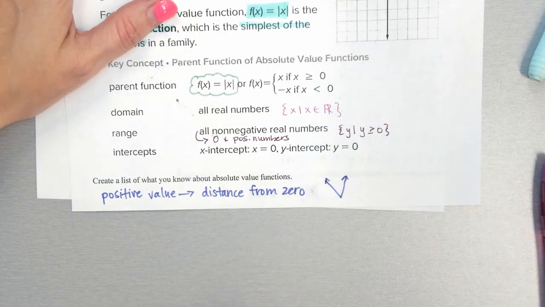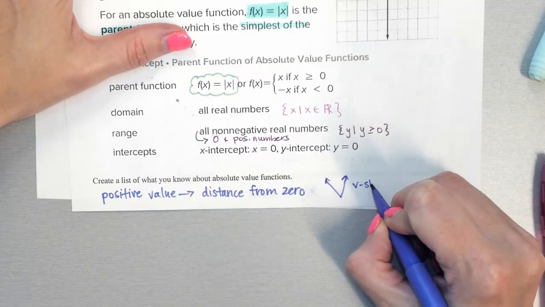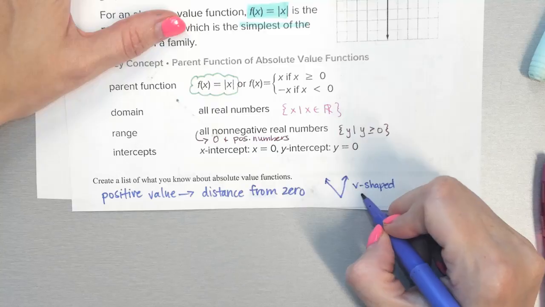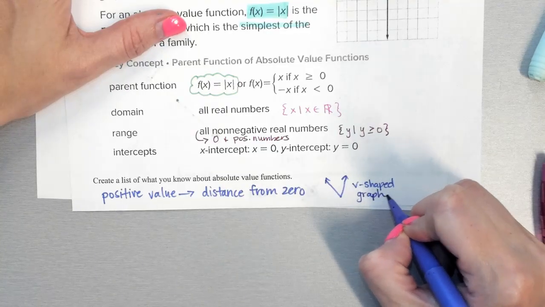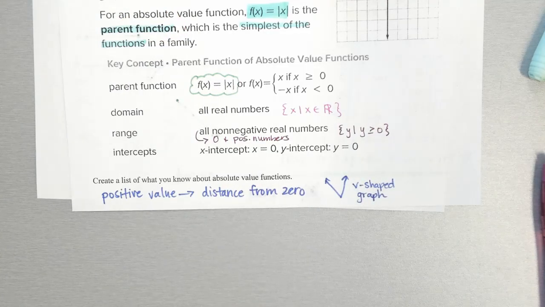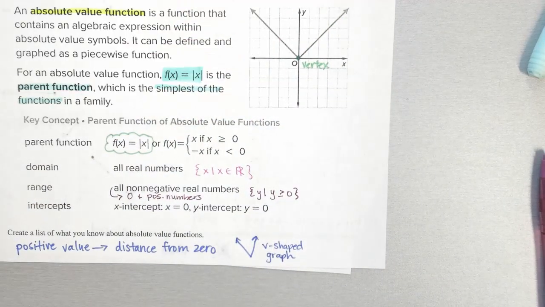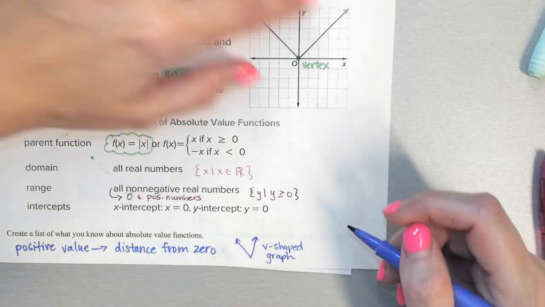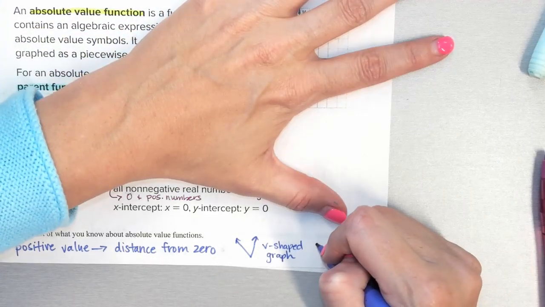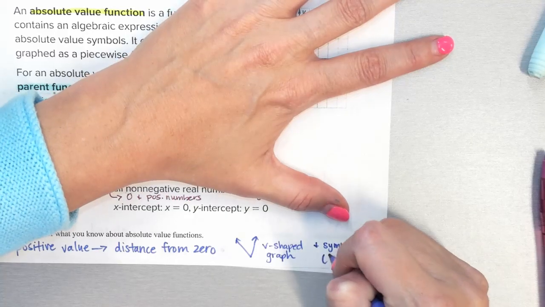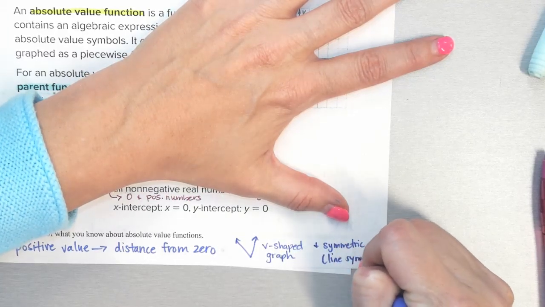Okay, even if you didn't remember this, it is right in front of you. The shape of the graph is a V. Okay, it's either V-shaped or upside down if you have a reflection. It also is symmetric. Do you guys know what kind of symmetry it has? Line symmetry, yeah. So it has line symmetry.